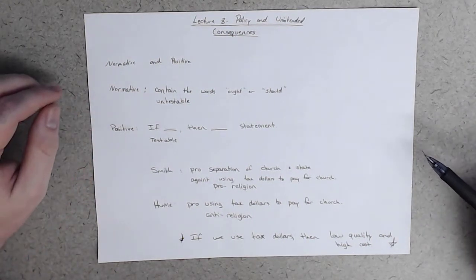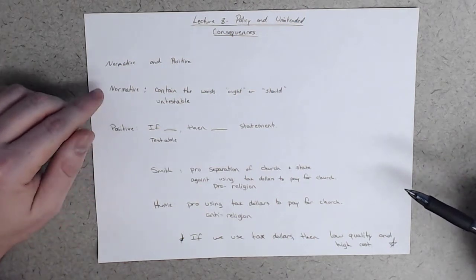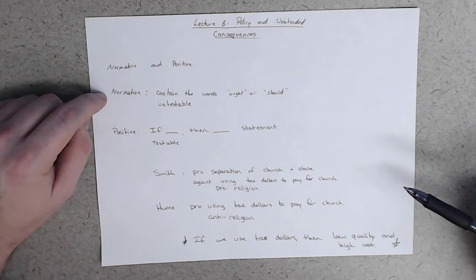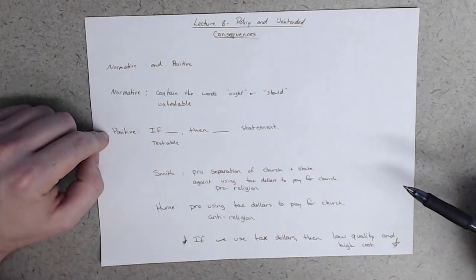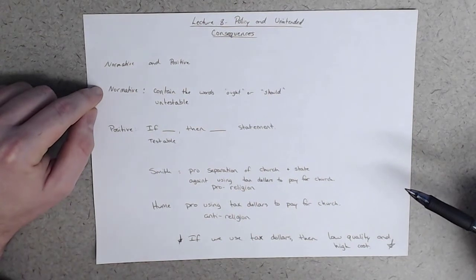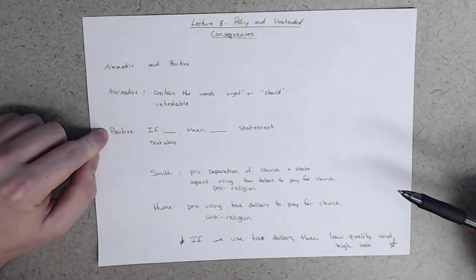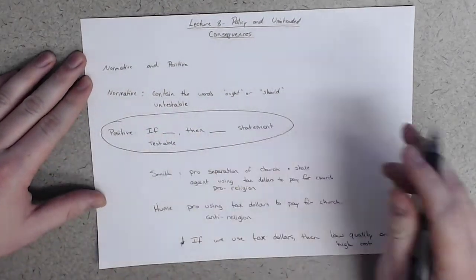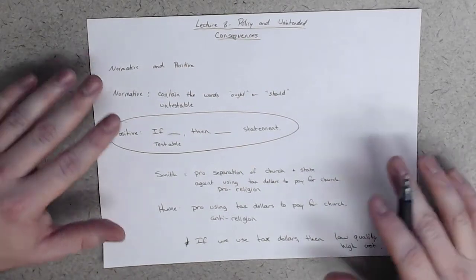He thought religion was bad, and so he wanted to see less of it, and so he said that we should use taxpayer dollars, because if we use taxpayer dollars, then low quality, good, and high cost. So both of them agreed here, they disagreed here. We are going to focus in this class exclusively on the positive. The normative stuff is a separate issue.